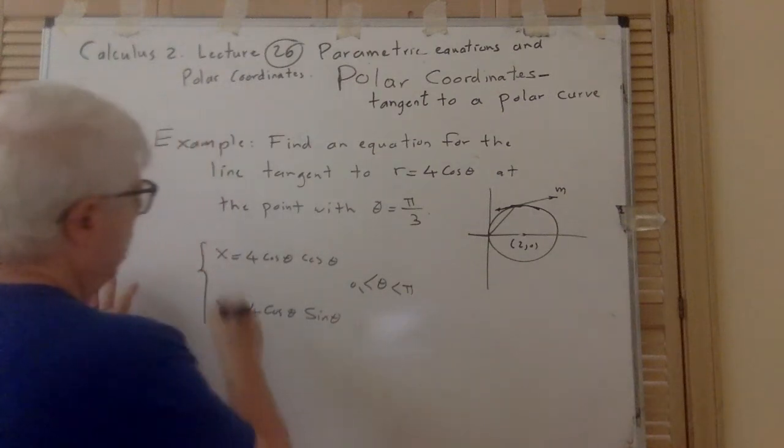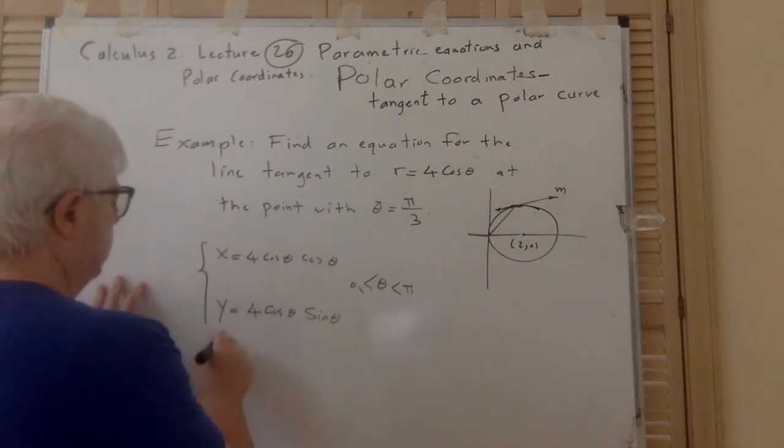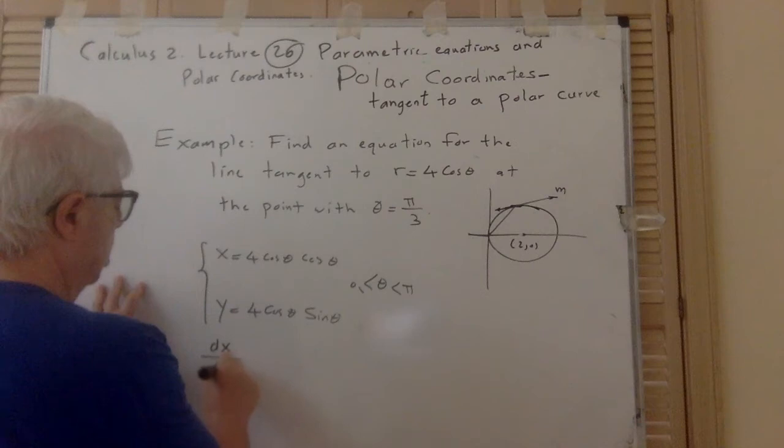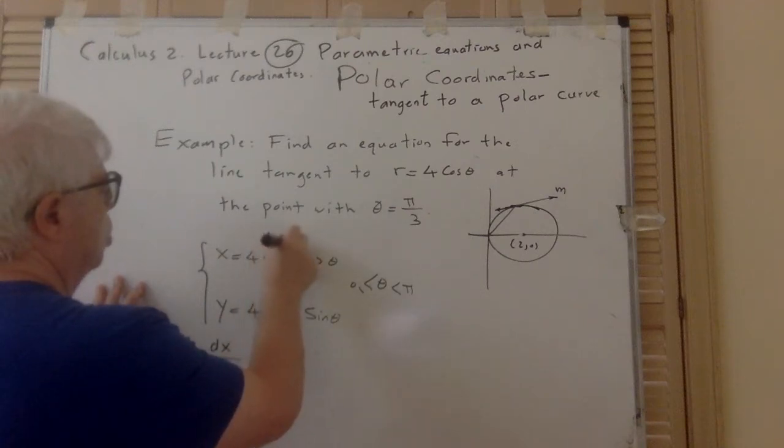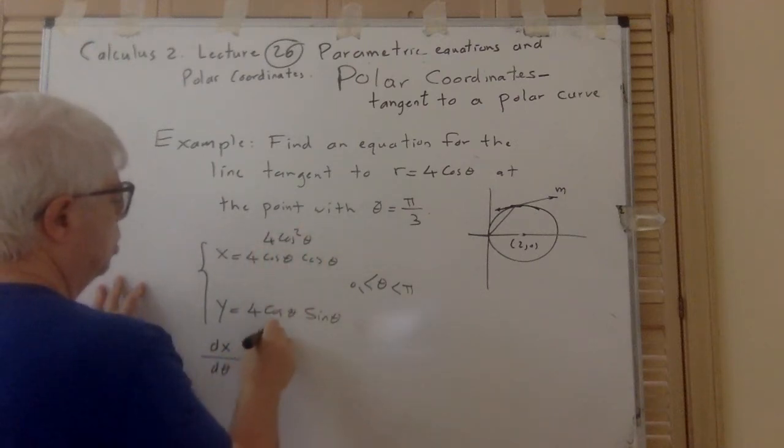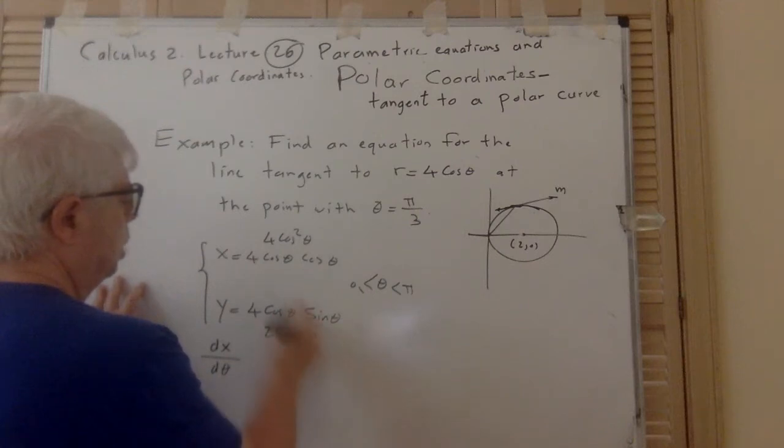Okay, so I need dy d theta and dx d theta. And look at it, this is cosine squared theta, and this one is 2 sine 2 theta, right?